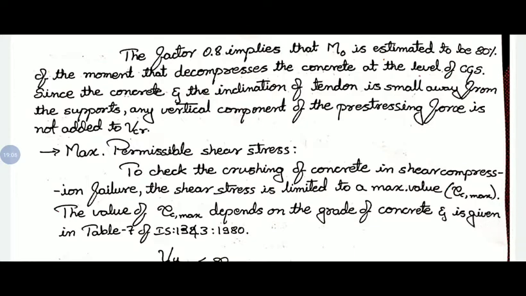So the factor 0.8 implies that M0 is estimated to be 80% of the moment that decompresses the concrete at the level of CGS. Since the inclination of the tendon is small away from the supports, any vertical component of the pre-stressing force is not added to Vcr.